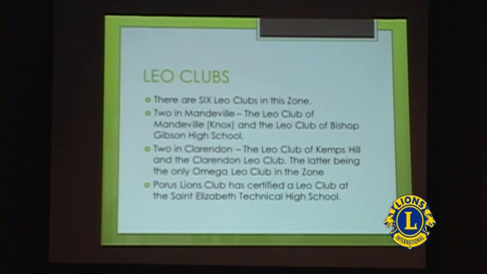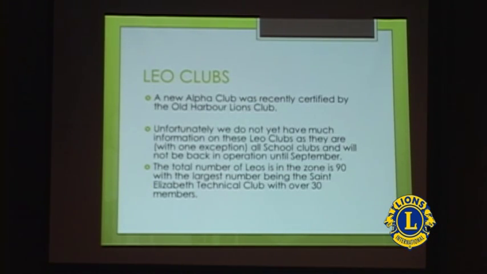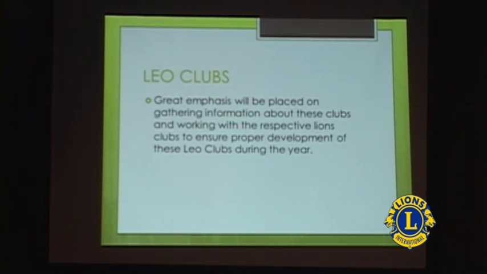Unfortunately, we do not yet have much information on this club as they are on school break. The total number of Leos in the zone is 90, with St. Elizabeth Technical having over 30 members. Great emphasis will be placed on gathering the information about these clubs and working with the respective Lions Club to ensure proper development of these Leo clubs during the year.